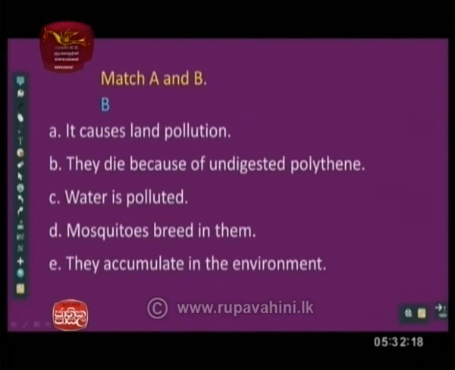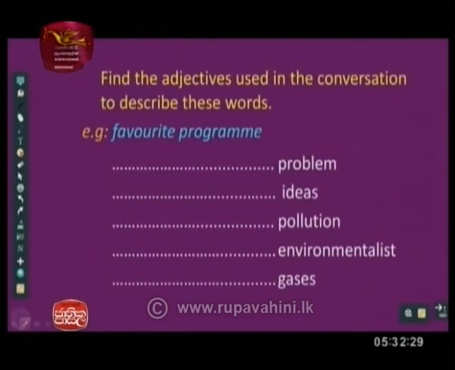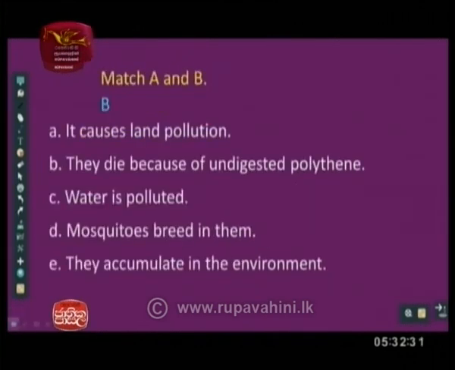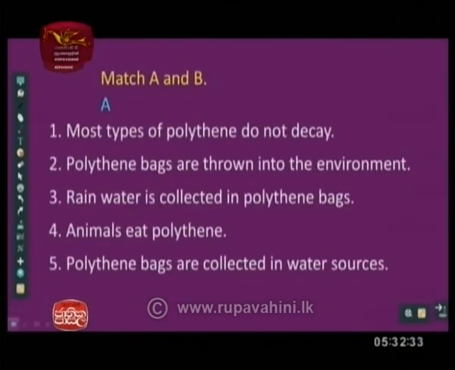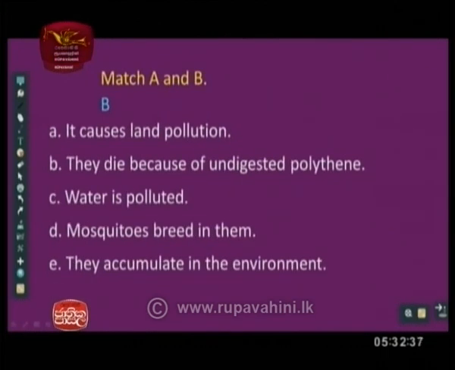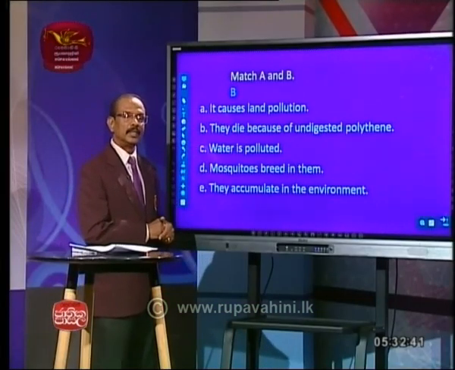So, they die because of undigested polythene. You have to match it with this. They die because of undigested polythene. Then let us go back to polythene bags are collected in water sources. So, it should be water is polluted. So, it is an activity regarding this discussion.